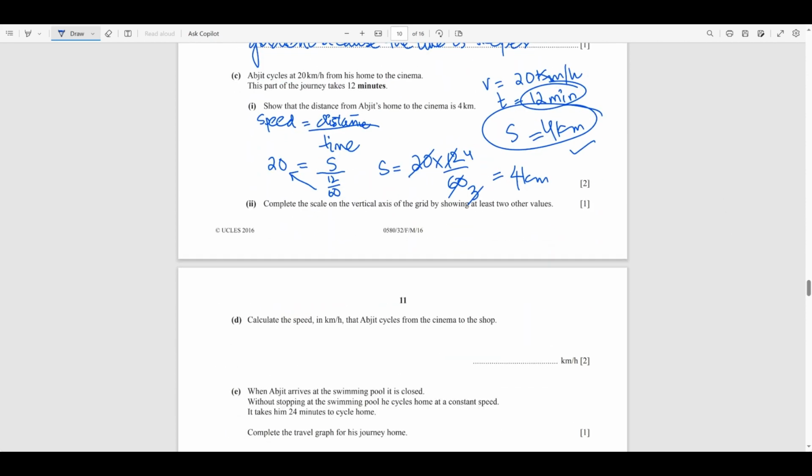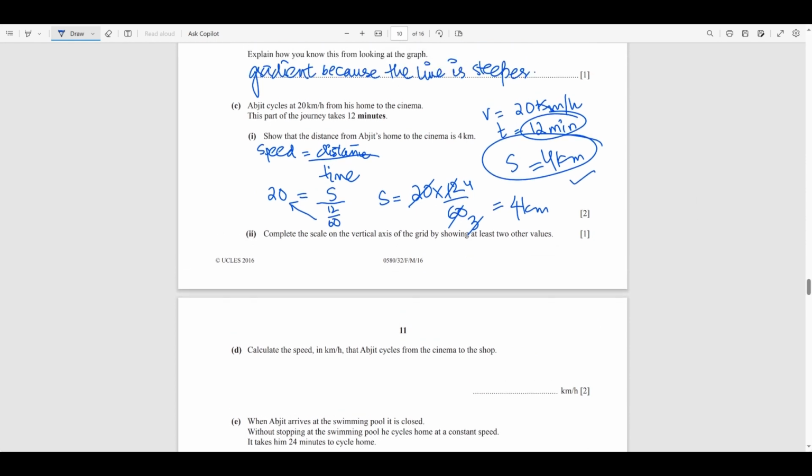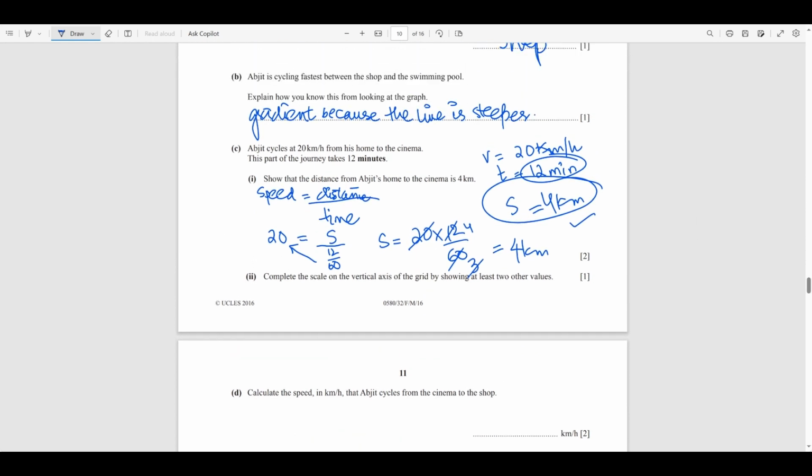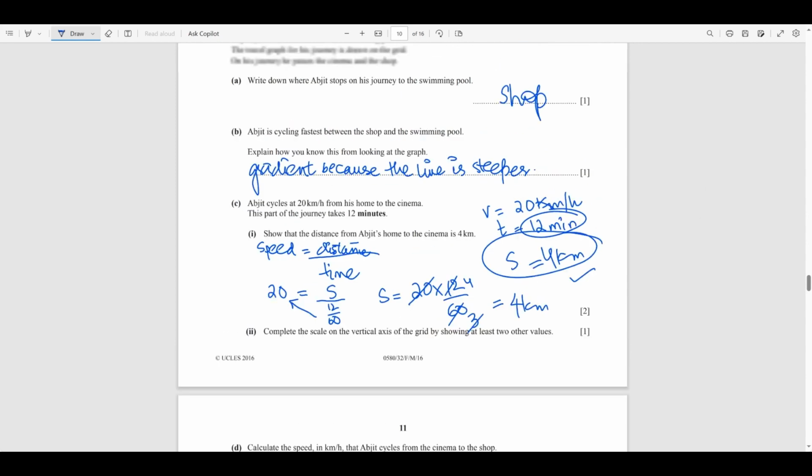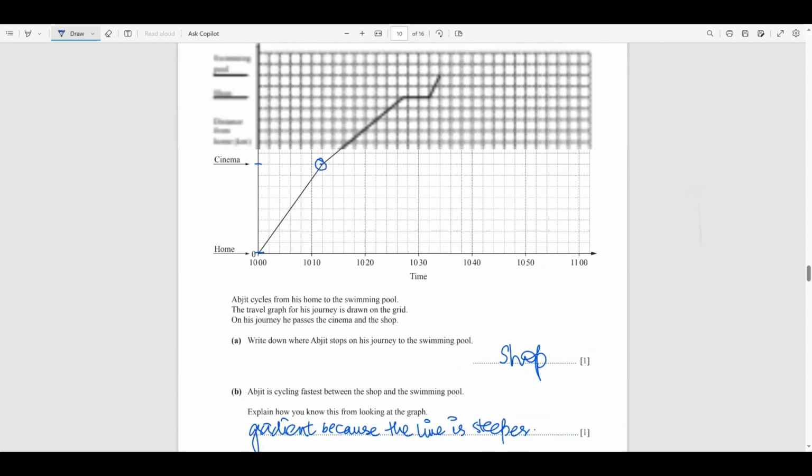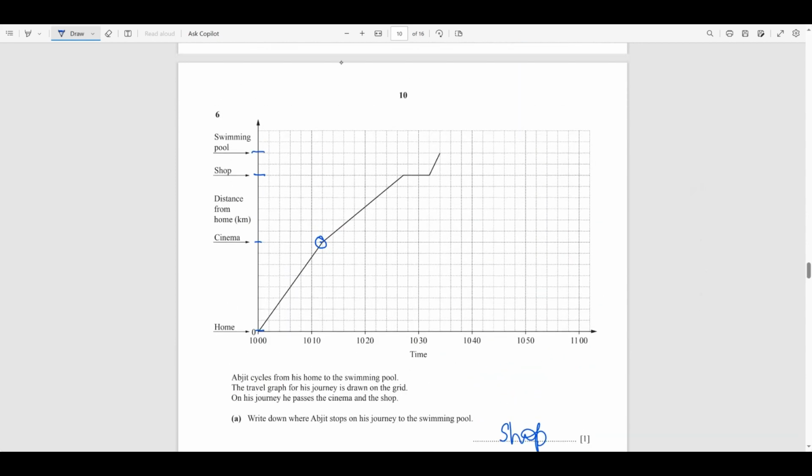Part 2, complete the scale on the vertical axis of the grid by showing at least two other values. All right. So home to cinema is 4 kilometers. This is home and this is cinema. From here to here, it's 4 kilometers. Let me see how many boxes it has. 1, 2, 3, 4, 5, 6, 7, 8.